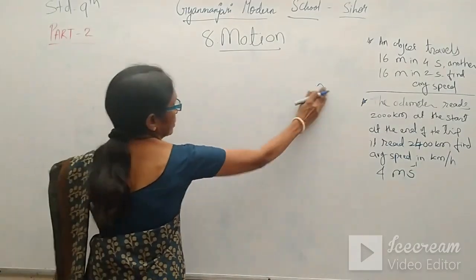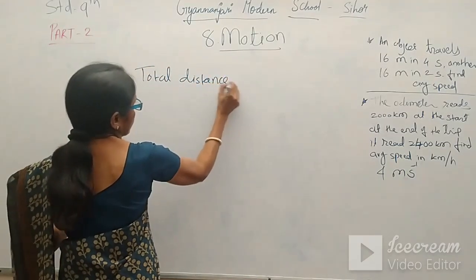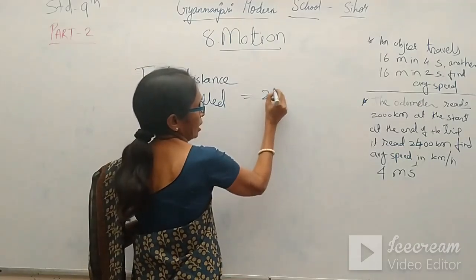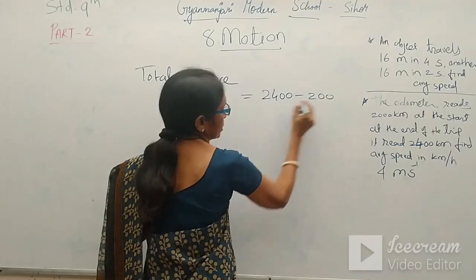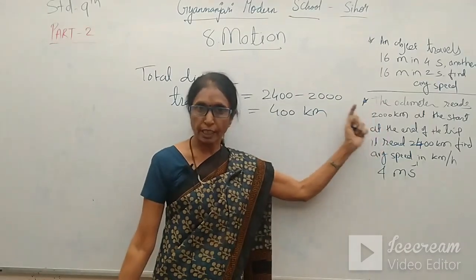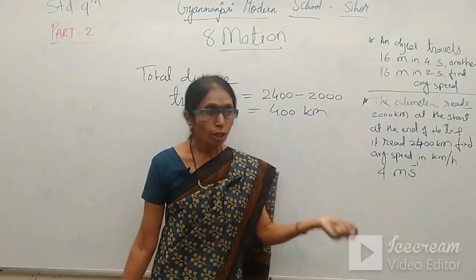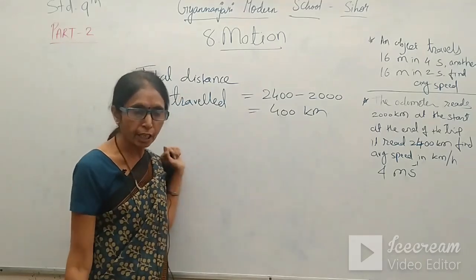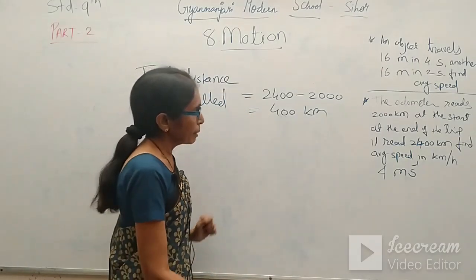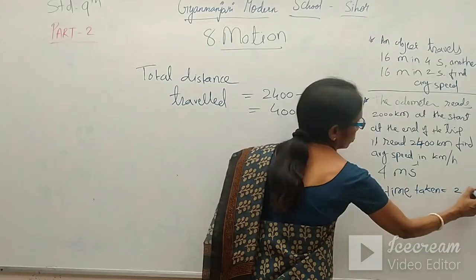Now here, the total distance traveled is equal to 2400 minus 2000, which is 400 kilometers, because the odometer reading is 2000 at the start and at the end of the trip it shows 2400 kilometers. So the distance traveled by the vehicle is 400 kilometers, and suppose the time taken is 2 hours.